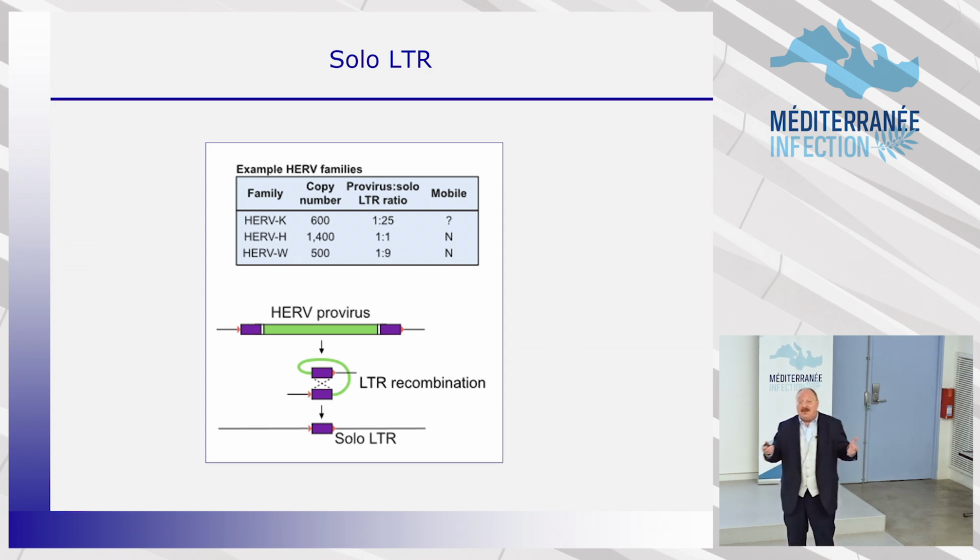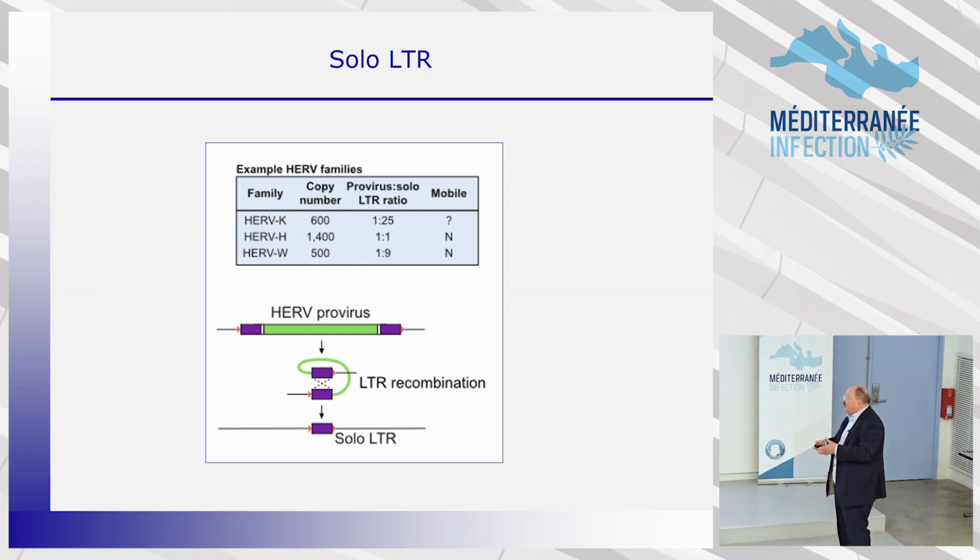Is there no possibility to kick them out? And the answer is easy. There's no way to remove them, because we don't have a mechanism to simply remove pieces of our genome.